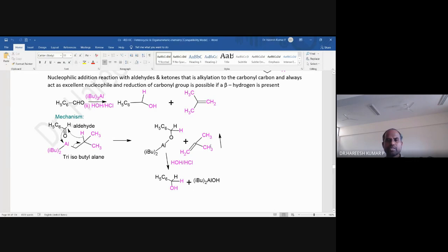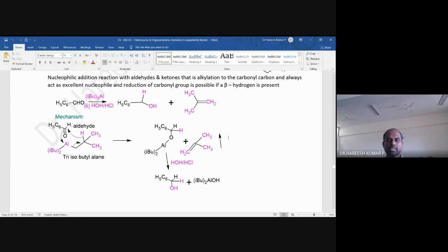So here benzaldehyde is converted into benzyl alcohol. It's a reduction. In this case, triisobutyl alane will act as a source of H minus. One of the isobutyl groups gives H minus to the carbonyl carbon.